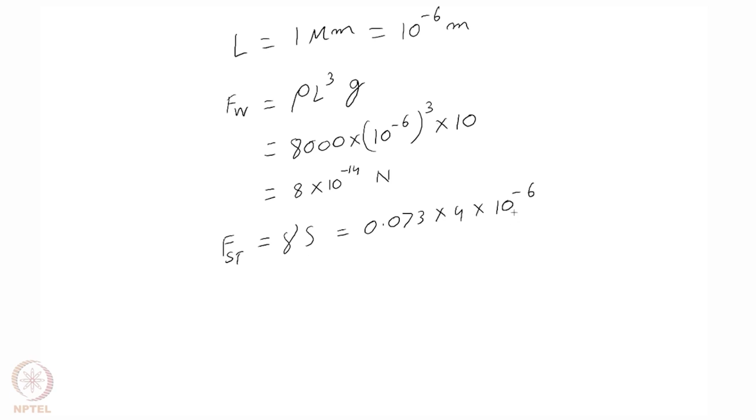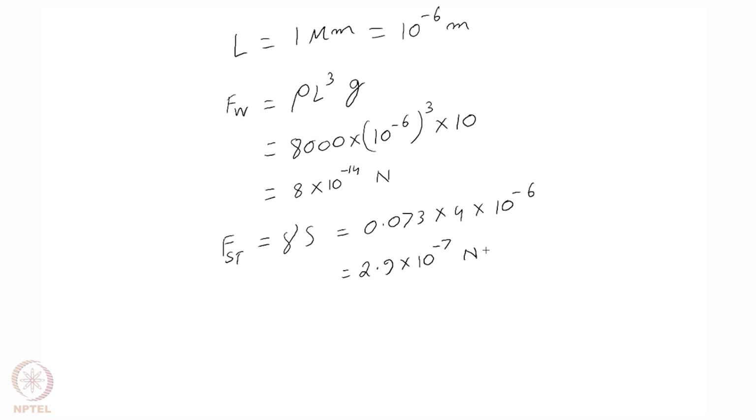So 4 into L, and that L is 1 micrometer, that is 10 to the power minus 6, and that gives us 2.9 into 10 to the power minus 7 Newton. Okay, 2.9 into 10 to the power minus 7 Newton.